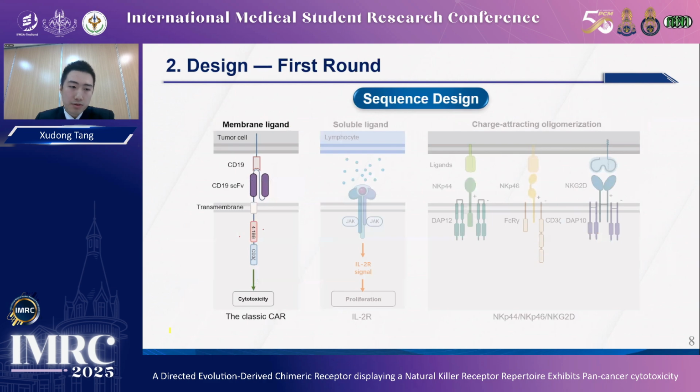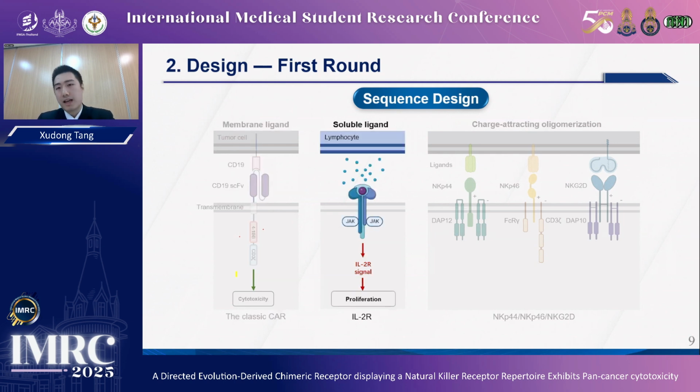First, we want to solve the activation failure of CAR-NK. Here you can see the classic second-generation CAR structure. It can recognize the tumor ligands, then stimulate the CAR host cell. However, NK cells still lack the capabilities of proliferation and cytotoxicity due to the interleukin-2 deficit.